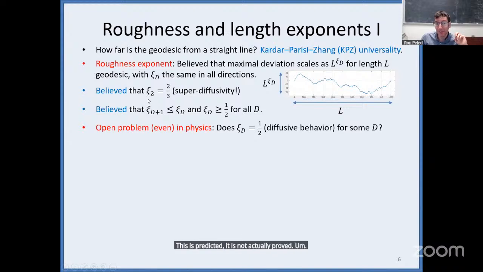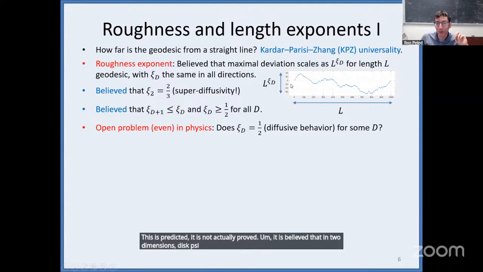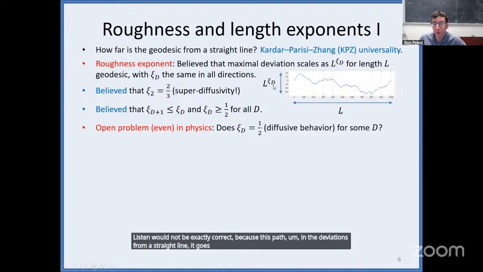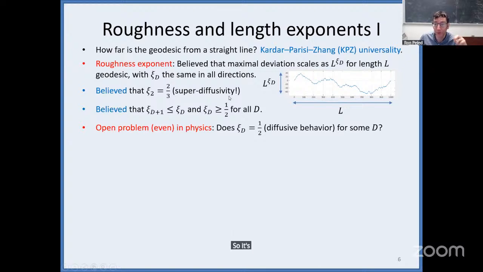It is believed that in 2 dimensions, this psi is 2/3. So perhaps you had the intuition that this path looks a bit like a random walk or a Brownian motion. This intuition would not be exactly correct because this path, in the deviations from a straight line, it goes to L to the 2/3, whereas a random walk or Brownian motion goes to L to the 1/2. So it's super diffusive, more than a random walk.